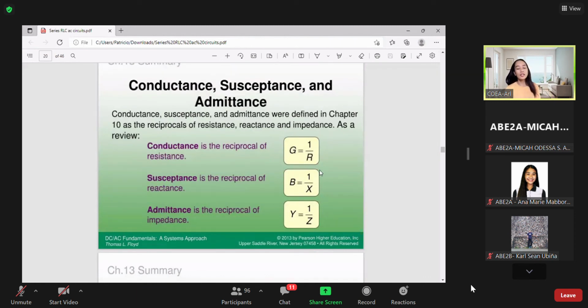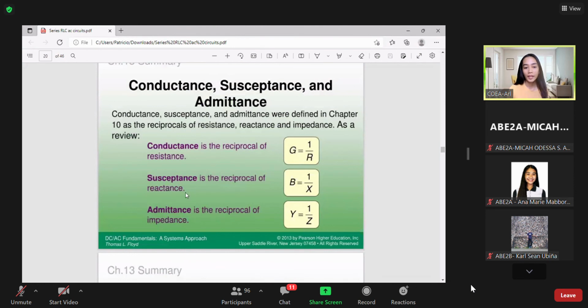Ito is the inverse value which is nasabi nyo na sa akin before pa lang. The reciprocal of resistance is conductance, the inverse of reactance, ito yung bagong mga variables natin. So, bagong terms din. So, we have the reciprocal or the inverse of reactance. This is what we call susceptance.